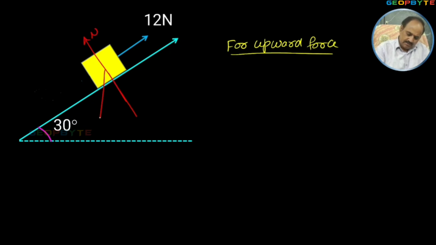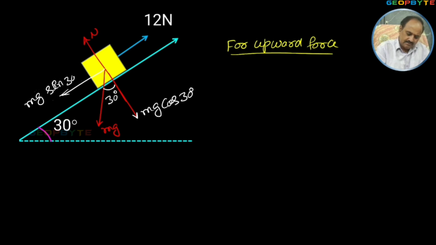This is the self weight, which is acting vertically downwards. This is the angle 30 degrees. Then it develops mg cos 30 degrees, and this is mg sin 30 degrees. Here force is applied in this direction. Therefore frictional force is acting in this direction.